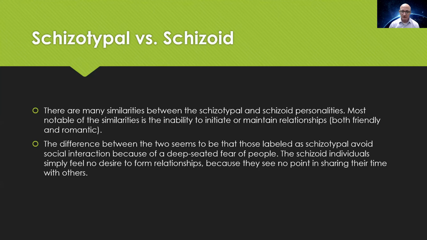The difference is the schizotypal avoids social interaction because of a deep-seated fear of people, and the schizoid individual feels no desire to form the relationships because they see no point in sharing their time with others. I think this is nitpicking in my opinion, but yeah, okay, so one has a fear of people and the other one just doesn't care.